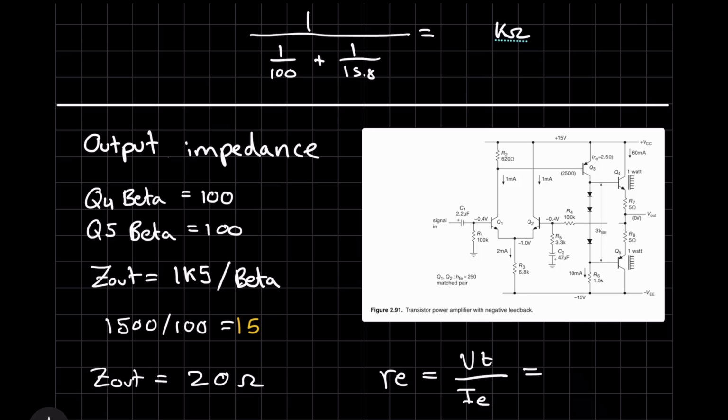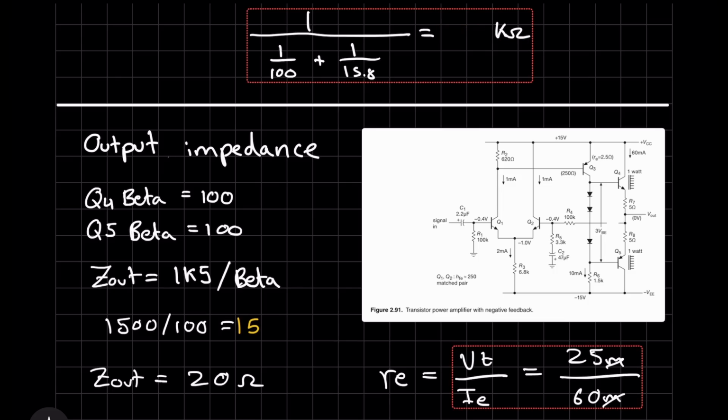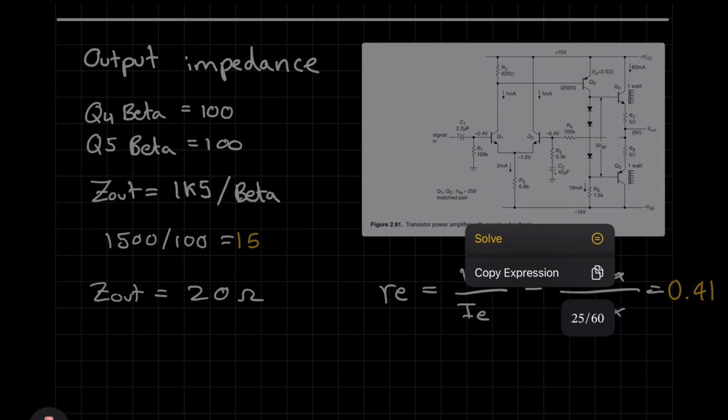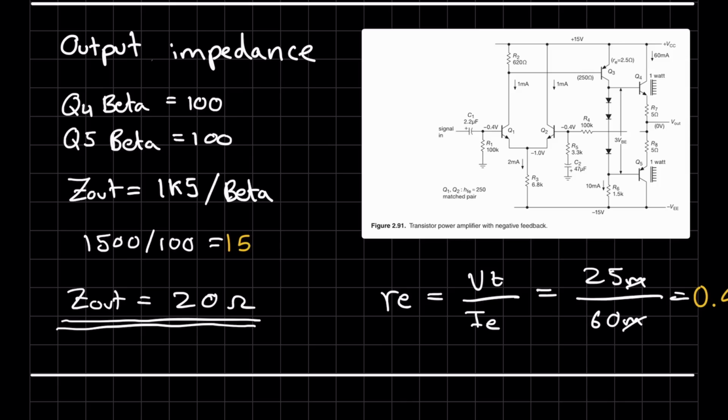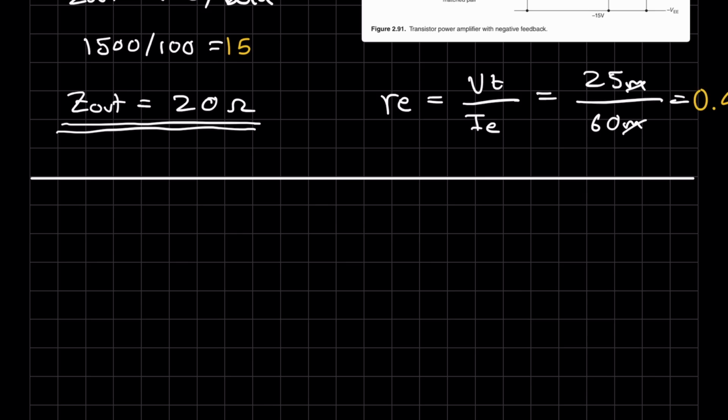So that's 25 milli on top of 60 milli. Now the milli cancel and you end up with 25 divided by 60, which is approximately 0.4. So obviously 0.4 compared to 20 is insignificant, so we can ignore it. So this is the output impedance for the circuit shown on figure 2.91 for open loop.